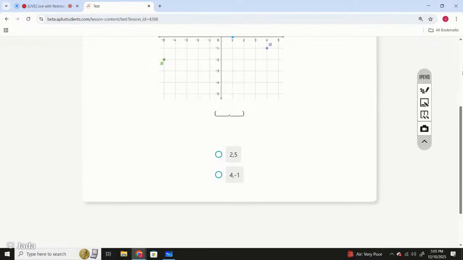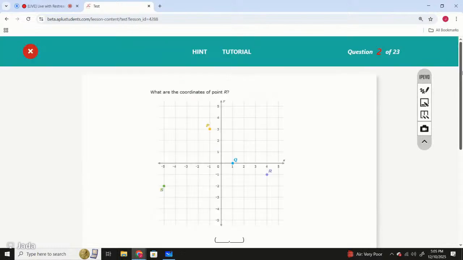Okay, the next one is, what are the coordinates of the point R? So which is the correct option? Sorry, the x coordinate is 4 and the y coordinate is -1.